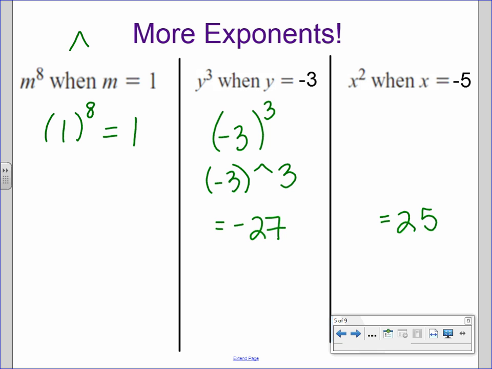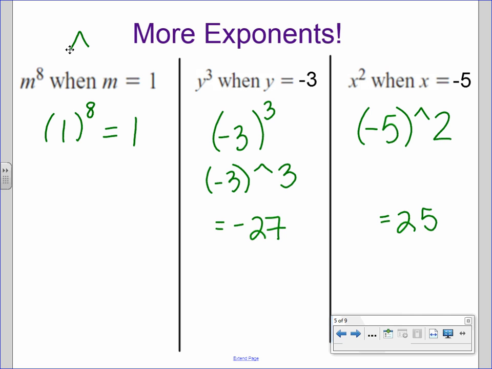What's the first step when we're evaluating? Parentheses. Put this in your calculator. Okay. Remember I said those parentheses were going to be important? Negative numbers to powers are one time where it will be important. When you take a negative number to an odd power, it's a negative times a negative times a negative, so it's always going to be negative.